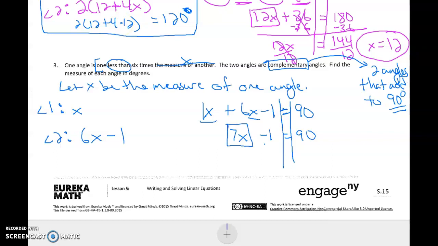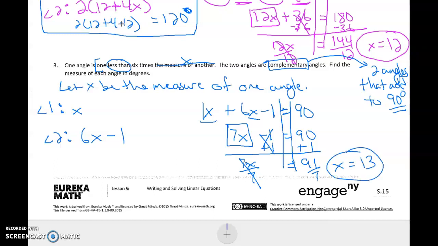I have to get rid of the minus 1, so I'm going to add 1 to both sides, because whatever I do to one side, I do to the other. Negative 1 plus 1 gives us 0. So we're left with 7x equals 91. 7 times what number equals 91? I'm going to do the inverse of multiplying and divide. 7 divided by 7 is 1x, and 91 divided by 7 is 13. So x equals 13. But as always, make sure you're answering the question being asked.